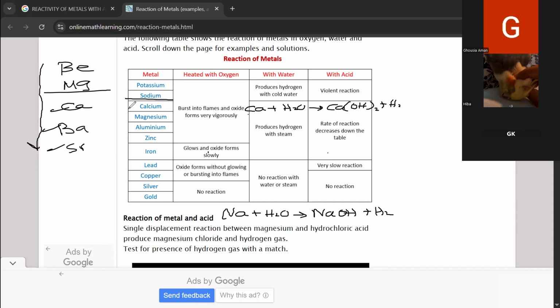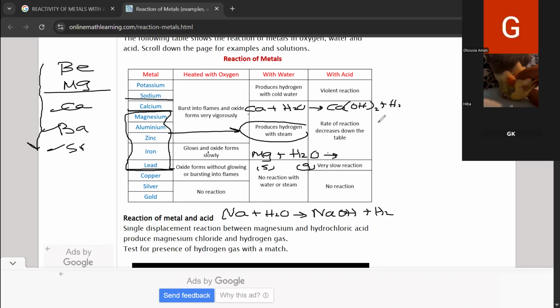But magnesium onward till lead, none of them will react with water. Rather, they react with steam. Magnesium reacts with steam, which is also water but in the gas state. So I will write a small g over here, and s for solid. These are the state symbols.